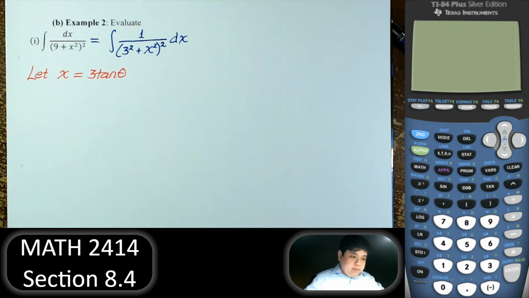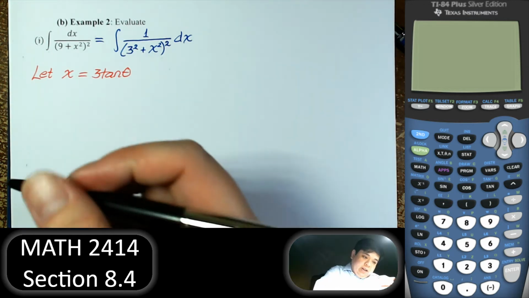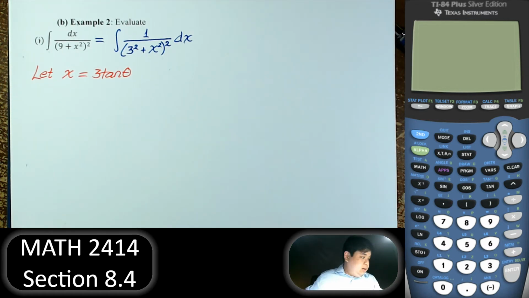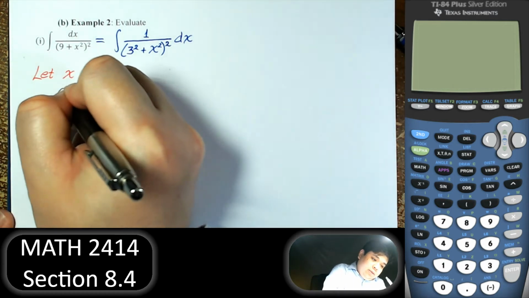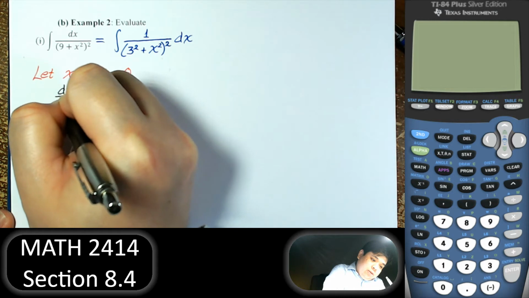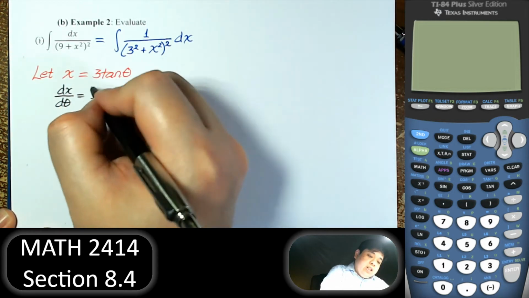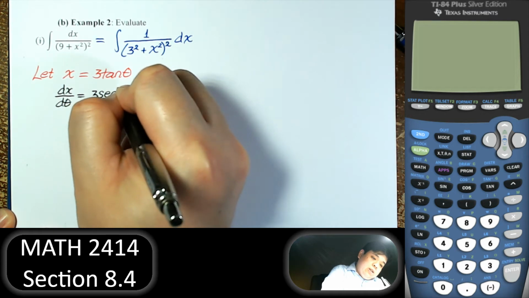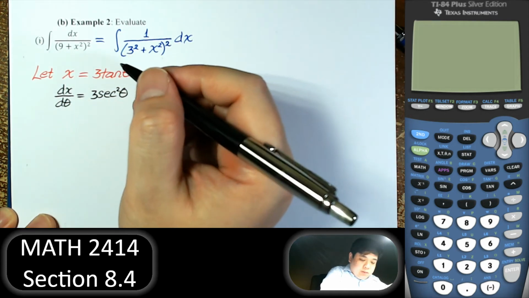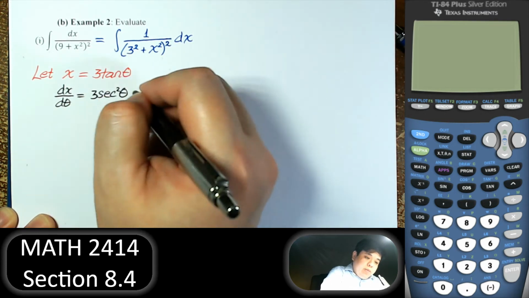Right. Take the derivative. The derivative of tangent is secant squared. Move the d theta.